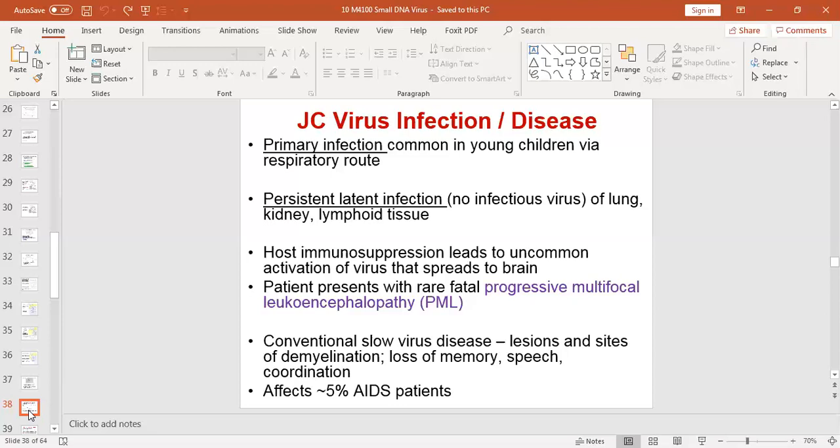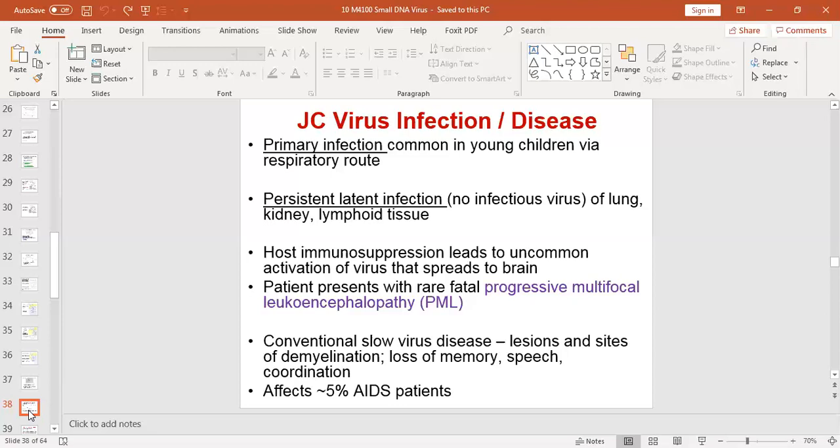In addition to primary and persistent latent infection, the virus can also take a conventional slow course of infection where we have lesions and sites of demyelination, leading to loss of memory, speech, and coordination. If you remember, myelin is a sheath that covers the nerve cells, and demyelination is the process of destruction and loss of those myelin sheaths.